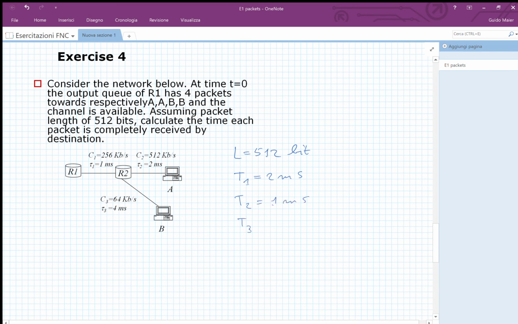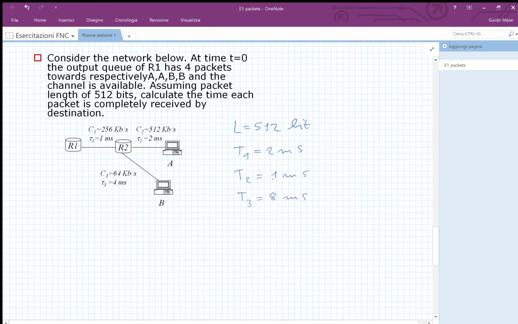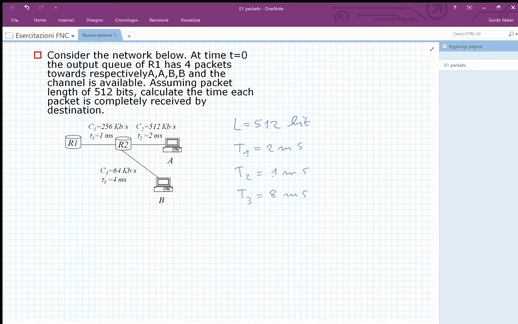T3 is 8 milliseconds. Okay. This is R1. This is R2.